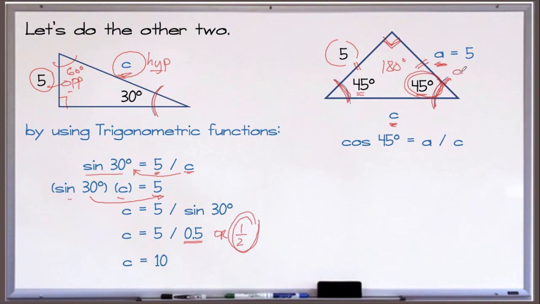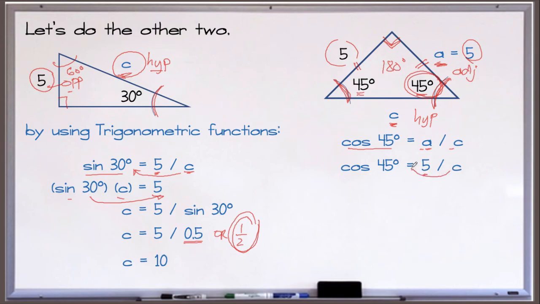So, this A is actually the adjacent side. And this C is actually the hypotenuse. Okay? So, adjacent over hypotenuse is a cosine function. So, cosine 45 is equal to A over C. Now, we know A is actually 5. So, we substitute A. We get cosine 45 equals 5 divided by C.